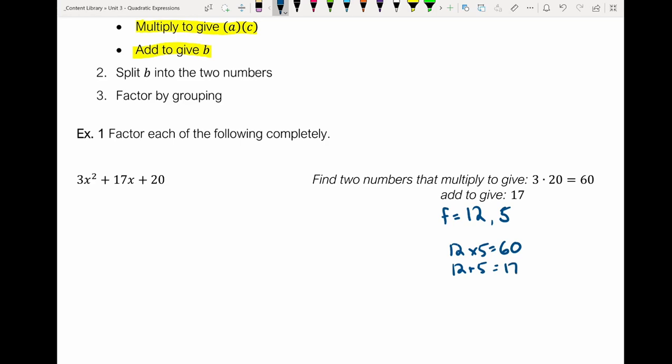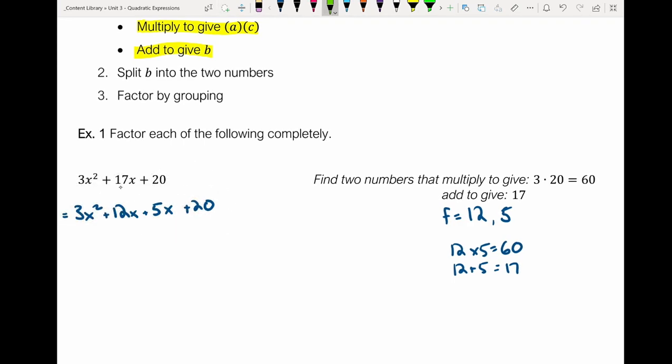So those two numbers work. Now that I have my two numbers, this is where it differs: I'm going to split up my middle number. In 3x squared plus 17x plus 20, I'm going to split the 17x into 12x and 5x, and the 20 still remains there.